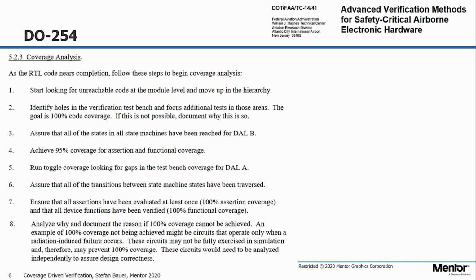But I will not go through all of these steps, I just want to mention some keywords. First, you should look for unreachable code, because it might be that it was not your intention that this code is unreachable. The goal for code coverage is 100% here, and you need to document if this is not possible. The goal for assertion and functional coverage is 95%.